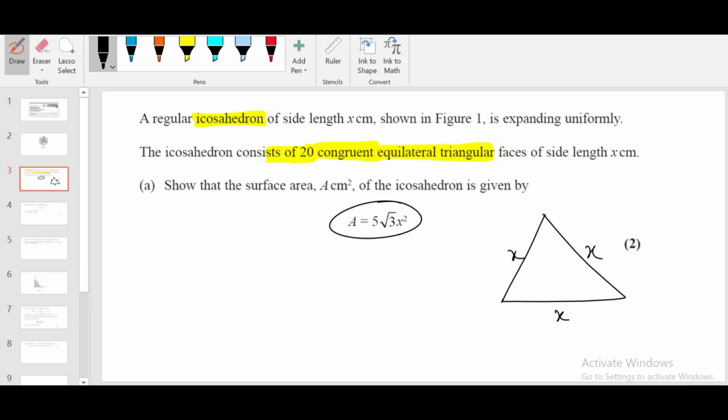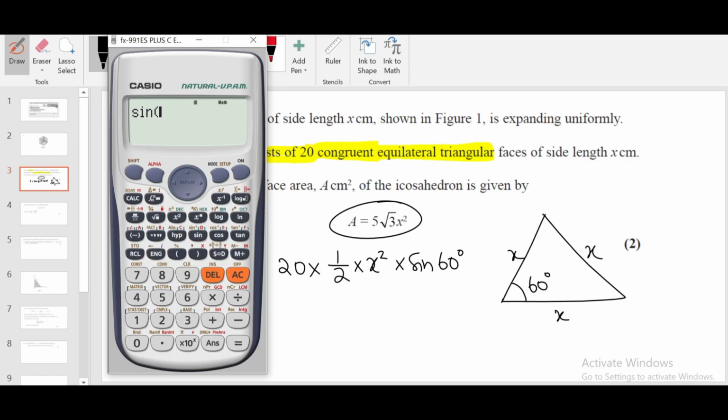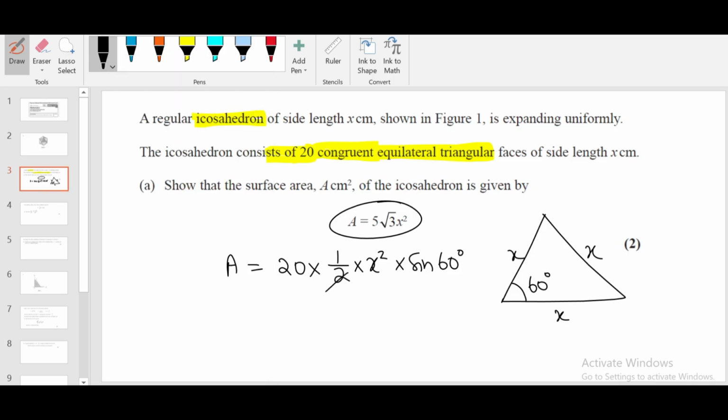How do we find the area of one side? For an equilateral triangle, the angle is 60 degrees here. So the total surface area is 20 sides times the area of one side, which is half AB sine 60. Use degree mode. Sine 60 is root 3 over 2.